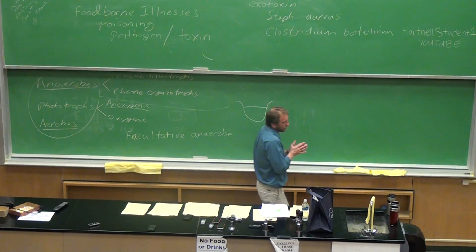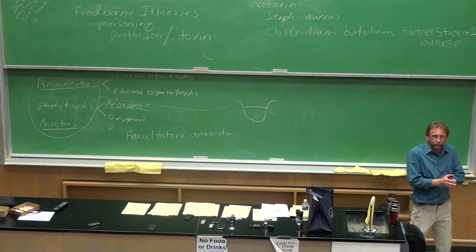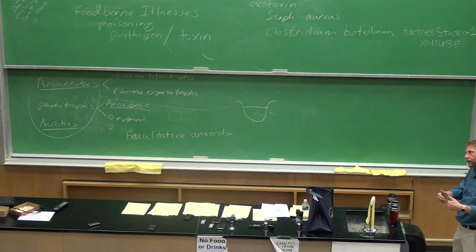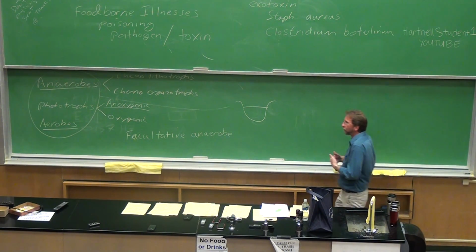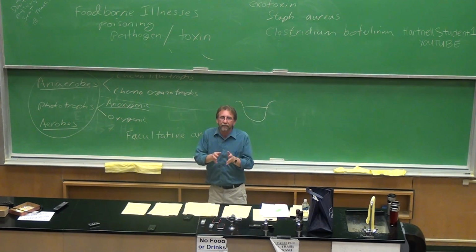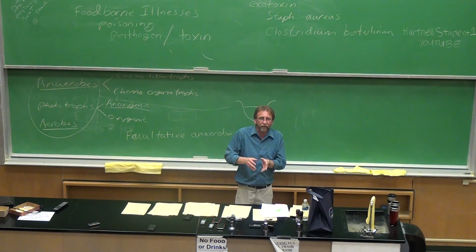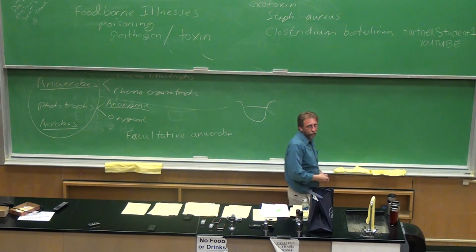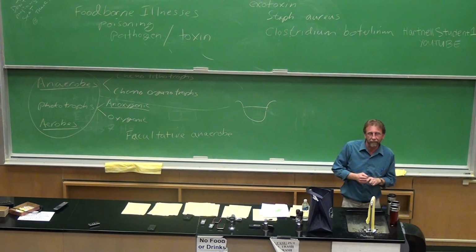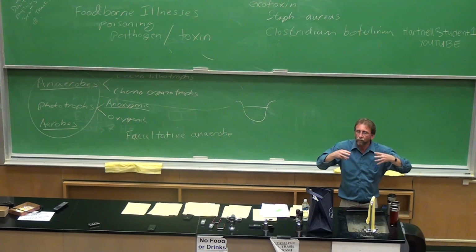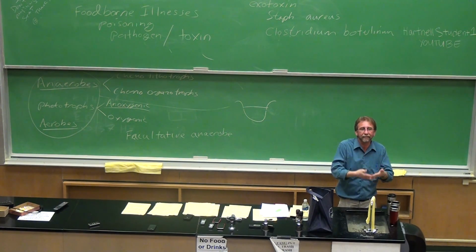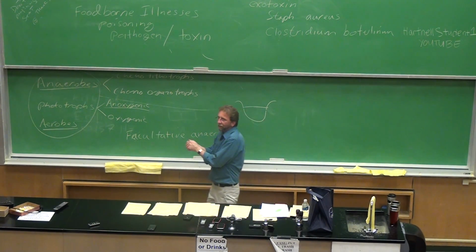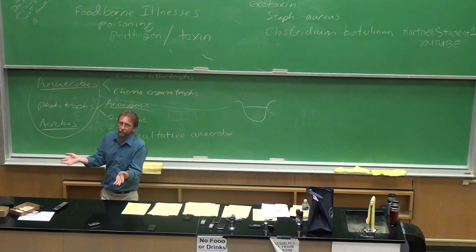Also, we briefly talked about, when we were talking about the Spanish flu, this notion of antigenic drift and antigenic shift. So be sure that you're familiar with what those terms mean. Antigenic drift is the slow mutation of the flu virus from season to season. But an antigenic shift is when you get two viruses infecting the same cell, and then those two viruses swap genetic material, creating a whole new virus.